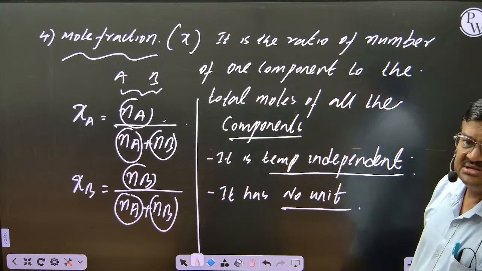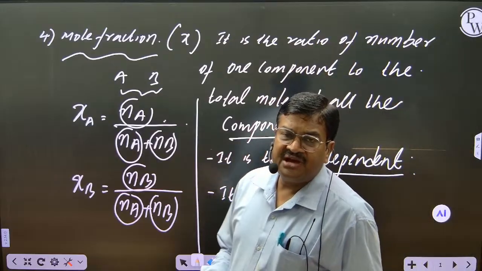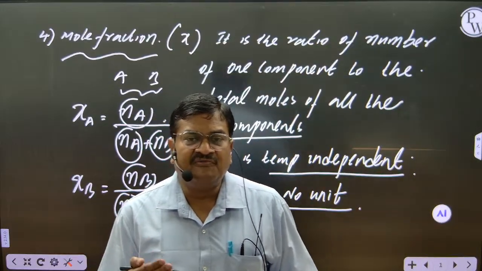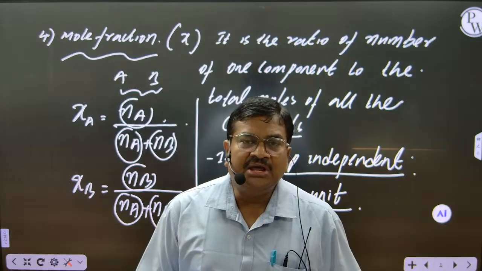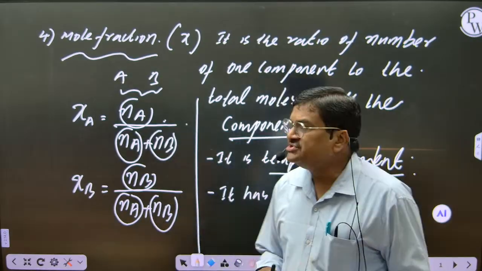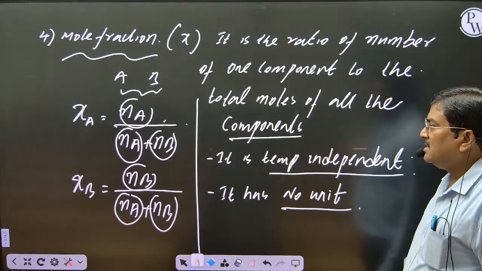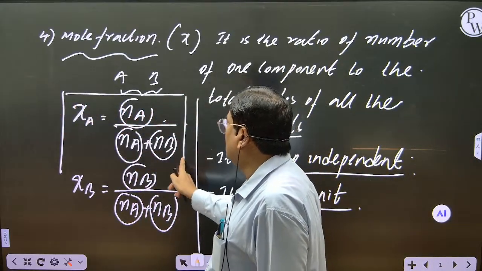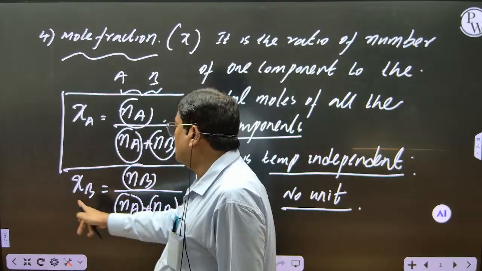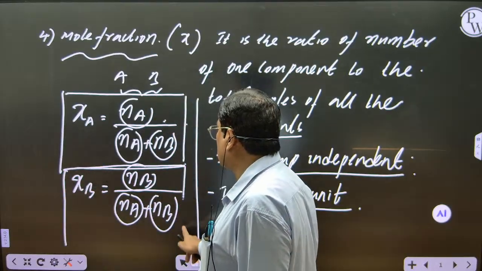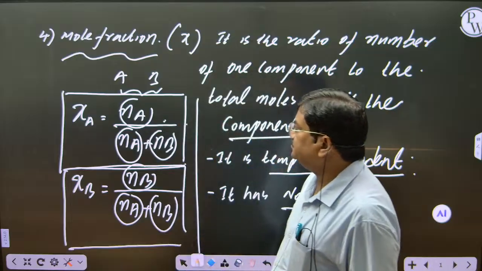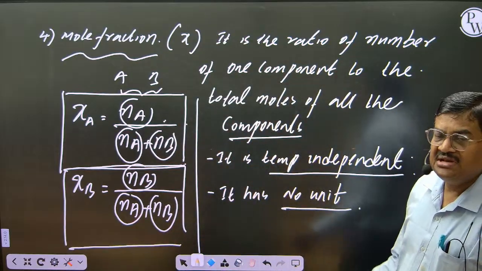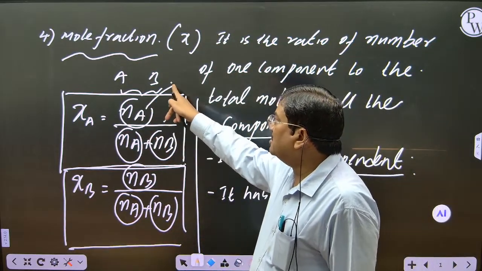Copy this. Clear for all? So simple, no. Mole fraction is nothing but the ratio of number of moles of one component to the total moles of all the components in a solution. And write this relation. And mention here what is Na, number of moles of A component.